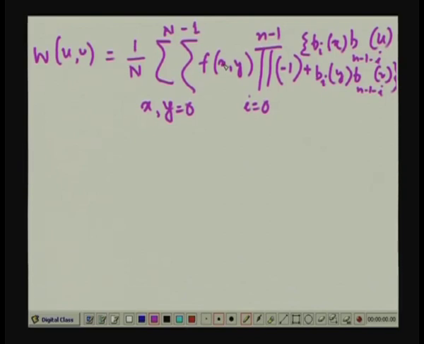So, you find that the same algorithm which is used for computing the forward Walsh transformation can also be used for computing the inverse Walsh transformation.